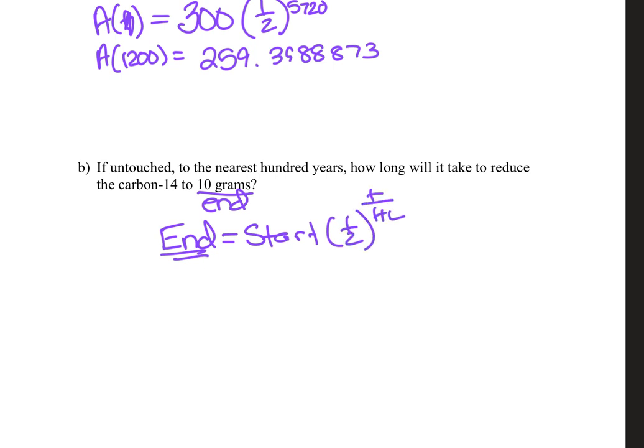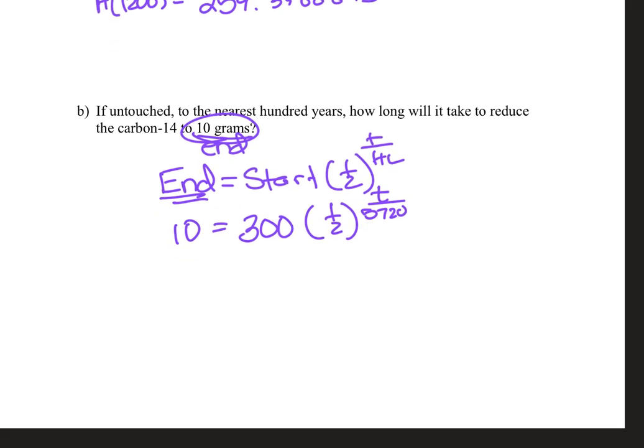So the ending value, 10 grams, goes here. The start was 300 grams. We have the half-life of 5,720, and we don't know what the time is.